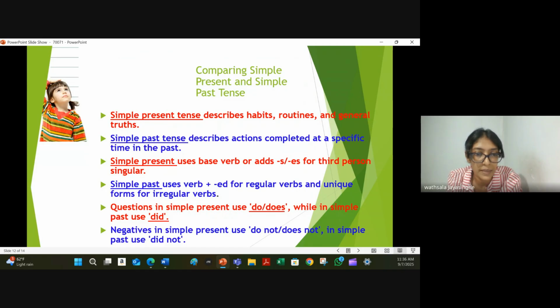And simple past uses verb plus ed for regular verbs and unique forms for irregular verbs. When we use questions, in simple present use do or does, while in simple past use did. Negative in simple present use do not or does not. In simple past use did not.